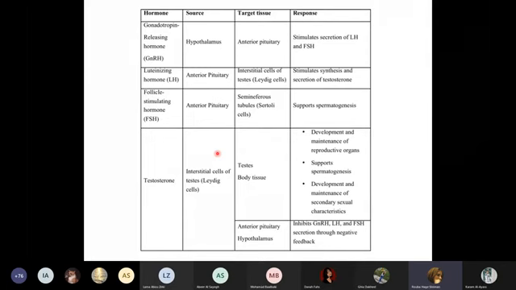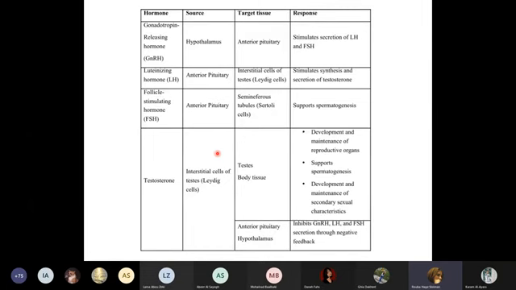Therefore, it helps in the development and maintenance of reproductive organs, supports spermatogenesis, and helps develop and maintain secondary sexual characteristics.